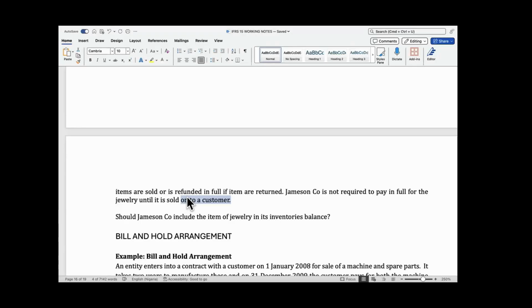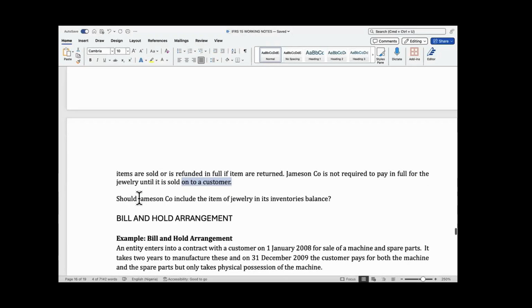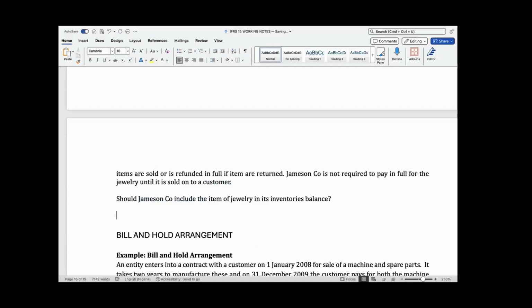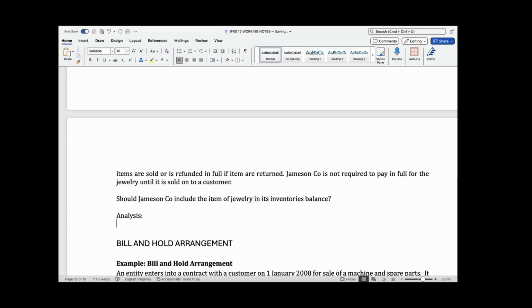Something like that. So now, should Jameson include the item in its inventory? On my end, that would be no for me. That's because legally he has no title to those goods, because they can still be returned to Rochester.